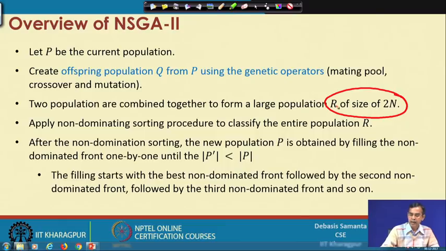From R we calculate all fronts F1, F2, up to Fk, say k fronts, using the non-dominated sorting procedure.